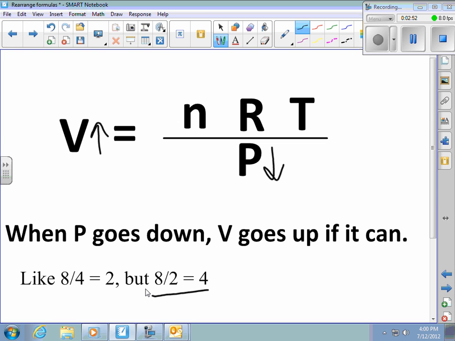So if I divide by a smaller number, I get a larger number. So pressure goes down, the volume goes up. Like if you put a balloon in a vacuum chamber, the pressure around it would go down, so it would grow in size.